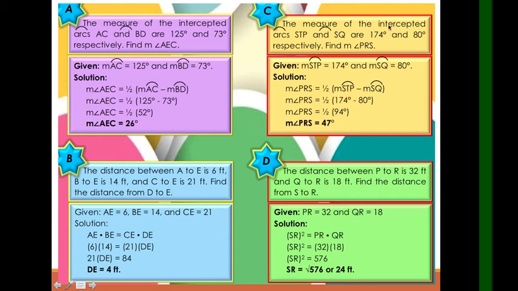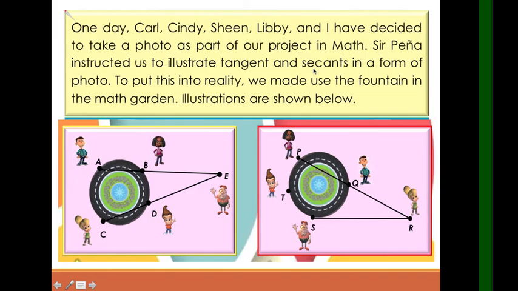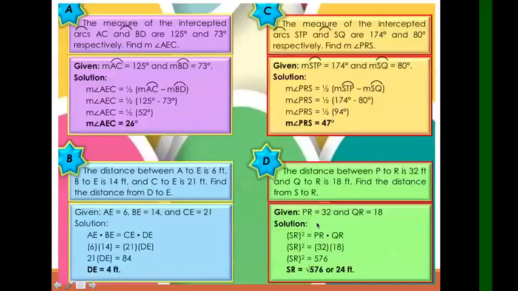The measure of the intercepted arc STP and SQ are 174 and 80 degrees respectively. Find the measure of angle PRS. So, we have arc. Again, balikan natin to. PRS ang hinahanap natin. Ito. PRS. So, we have STP equals 174 degrees and SQ equals 80.